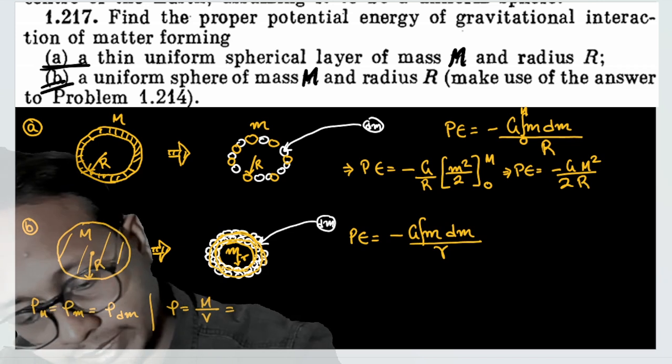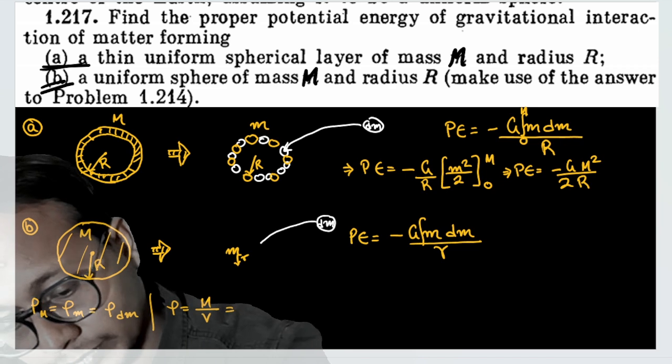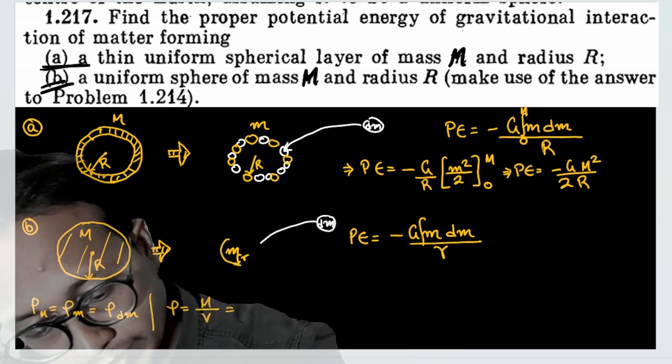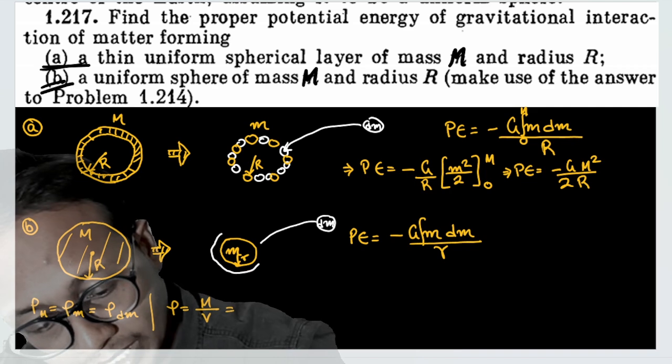So let's see what I'm doing out here. This mass m and radius r is the basic shape. And after the basic shape is got, I'm integrating layers of dm shell on top of each other. Understood?